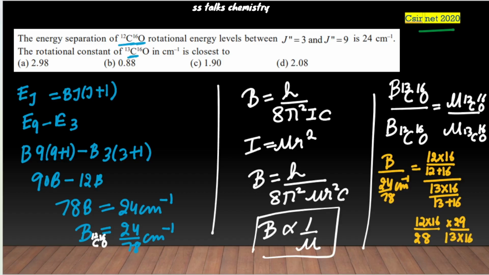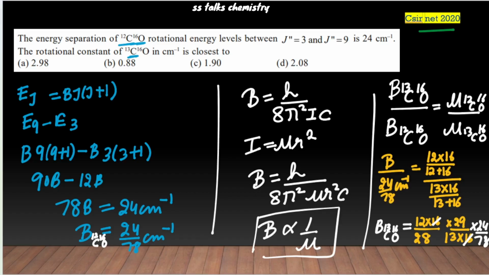So here the 16 and 16 will get cancelled out, right? And that rotational constant also you can shift, 24 by 78. So this will give you the rotational constant for the carbon 13 isotope, right? Just solve this and find your value.